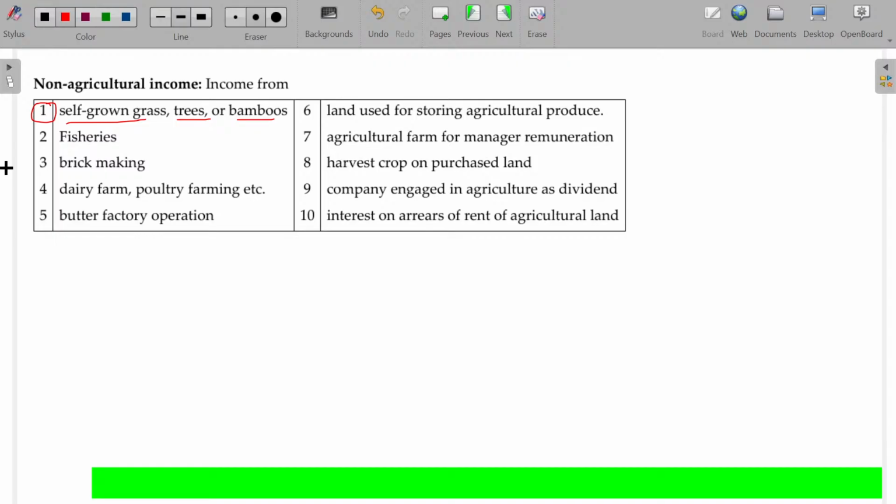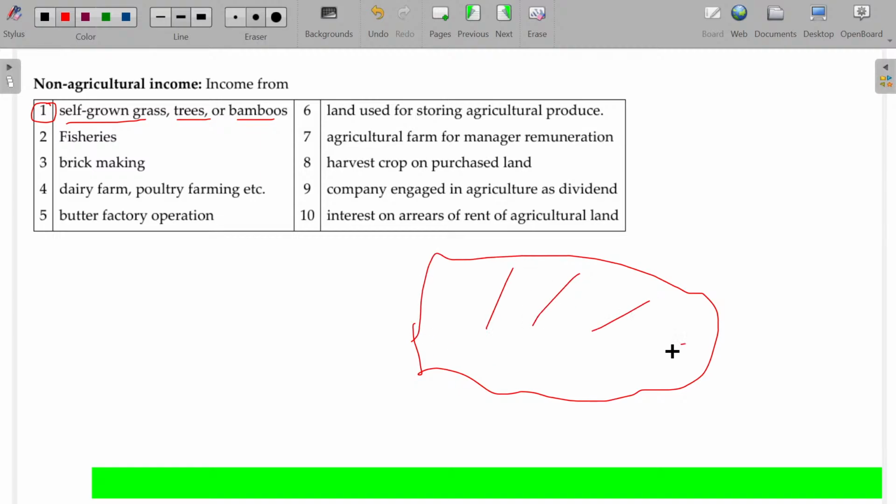Okay, grass. In the village side, nearby some farm, there may be cattle, sheep and all, no? They want food for that, right? Now what happens? I have land with lots of grass. Here we have sheep. The shepherd wants to graze his sheep inside our land.